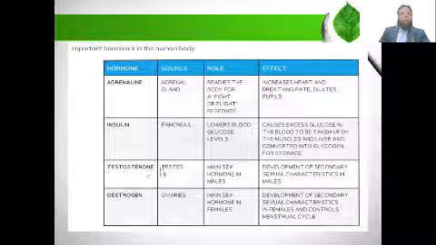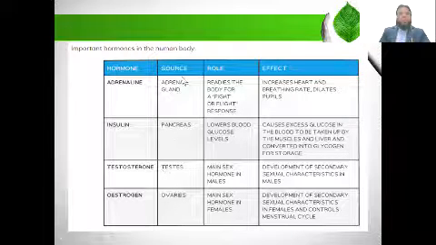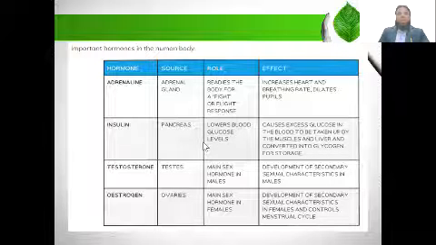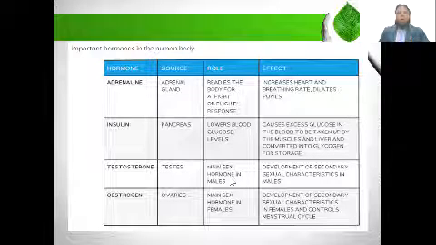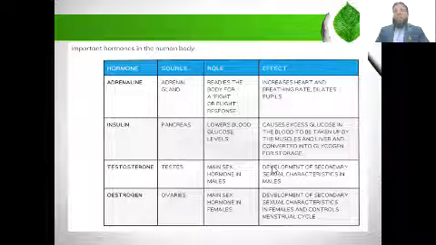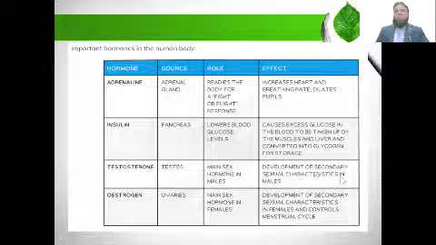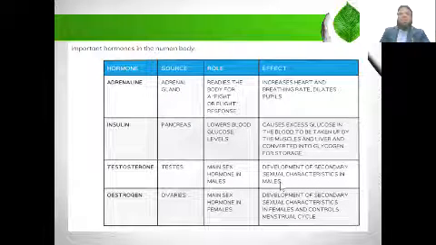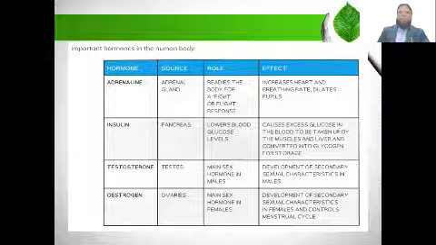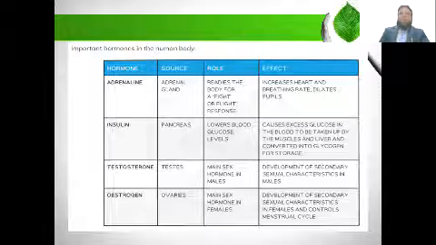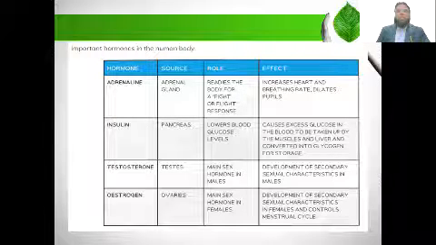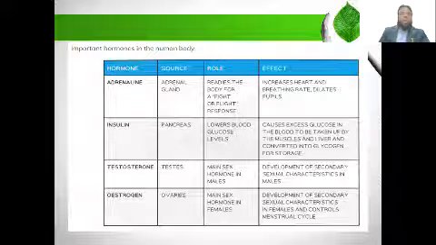Now another hormone is testosterone, which is released from the testes, and this is the main sex hormone in males. This hormone develops the secondary sexual characteristics in males, for example the mustache and the beard. These are the secondary sexual characteristics.